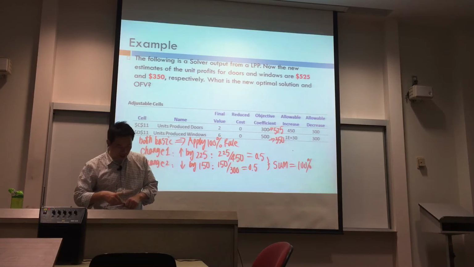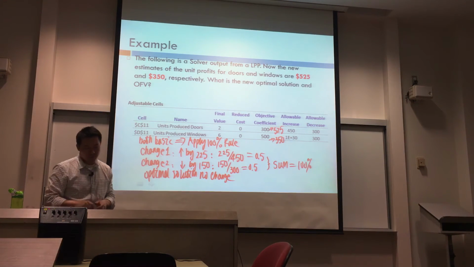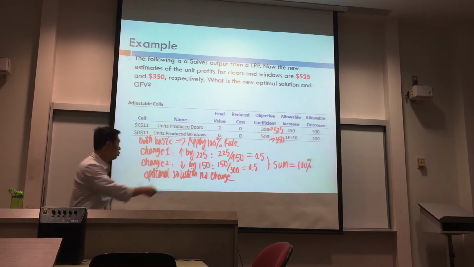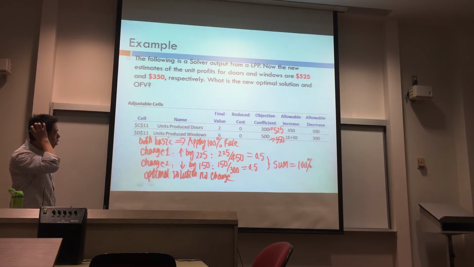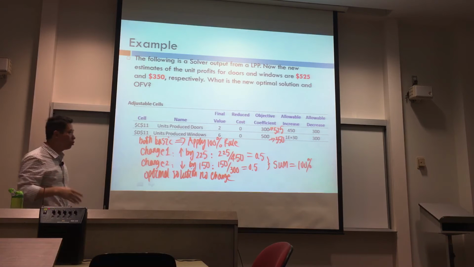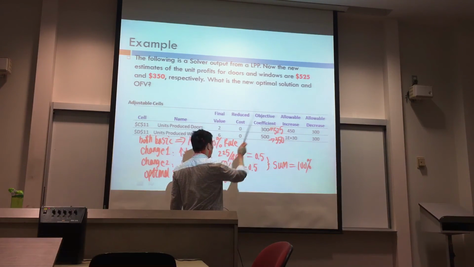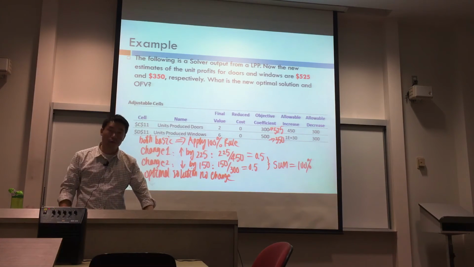So if I want to write down here, I would say optimal solution, no change. Still 2 and 6. Now, how about the objective function value? Well, that's very simple. Just 2 times the new coefficient plus 6 times the new coefficient. That would be the new OFV.